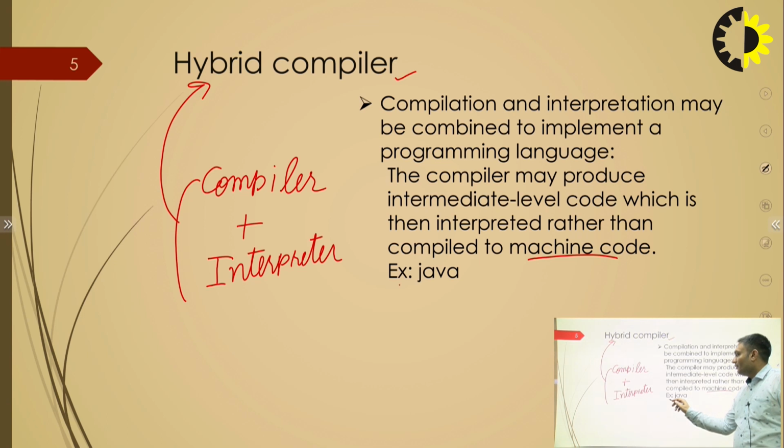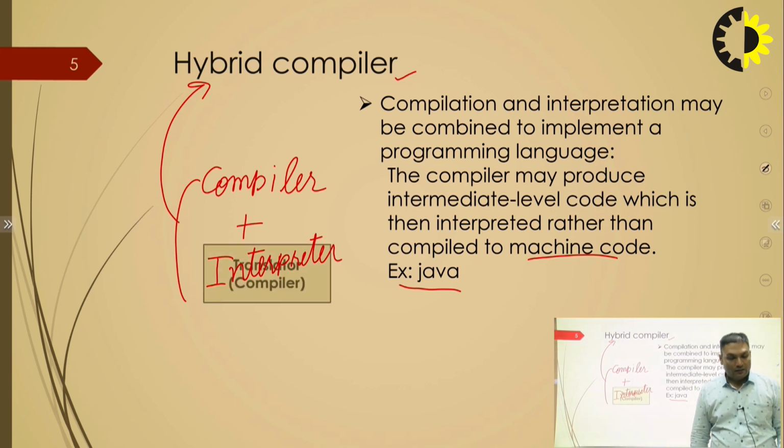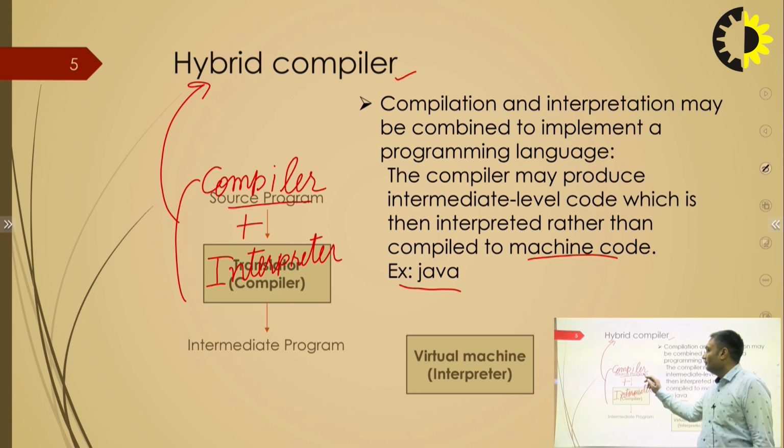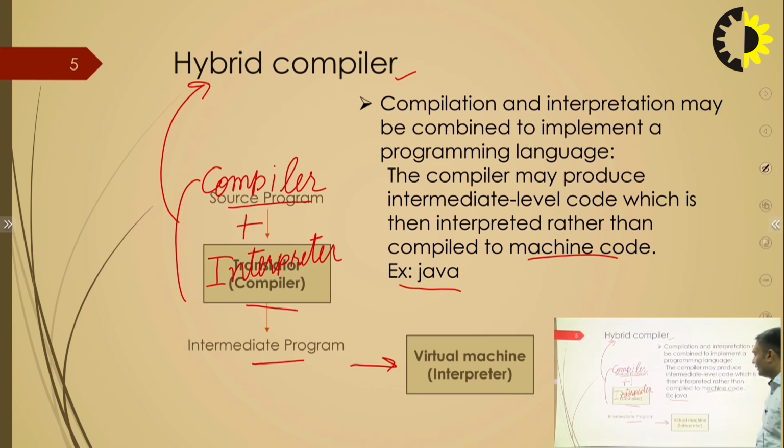In case of Java, we use a hybrid compiler, that is the combination of both compiler and interpreter. So you can see that there is a source program which is compiled into the intermediate program, and then this intermediate program is further interpreted by the interpreter, and further output is produced in case of hybrid compiler.